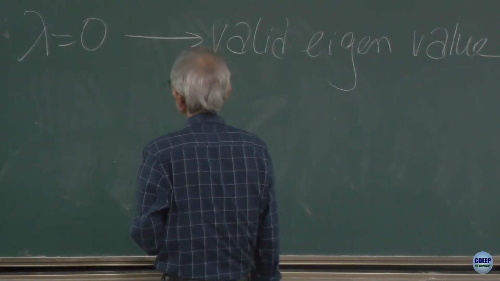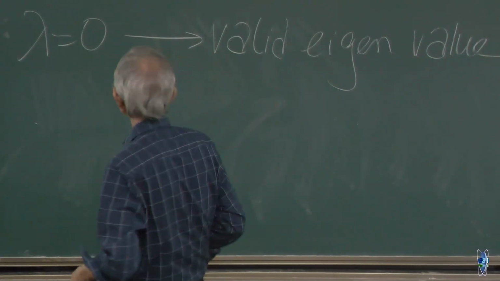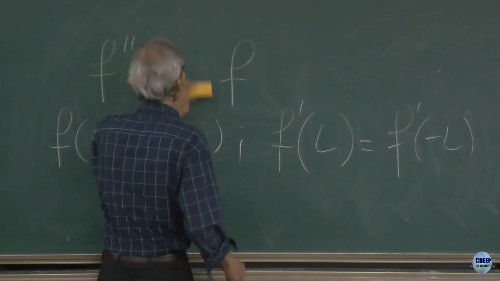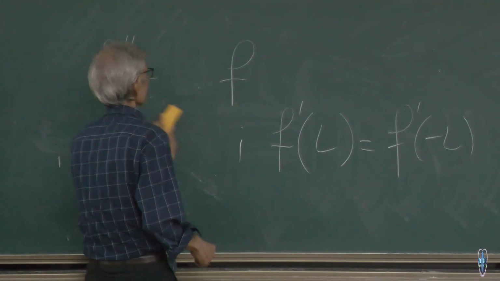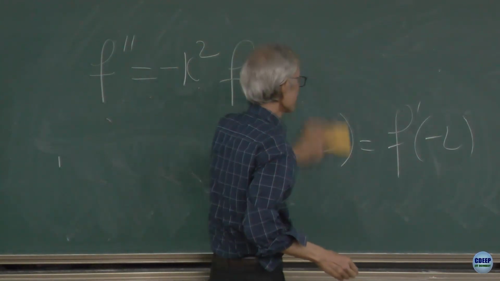We are only going to do the algebra which is of interest to us, which is lambda equal to minus k square. So f double prime is minus k square f.